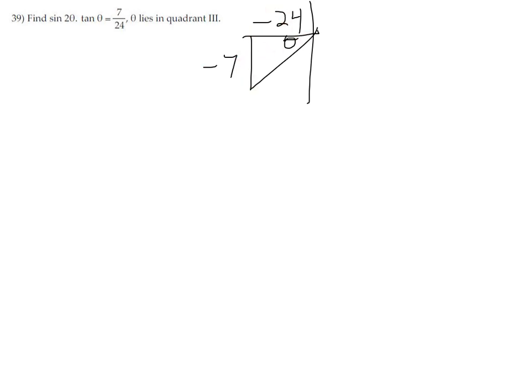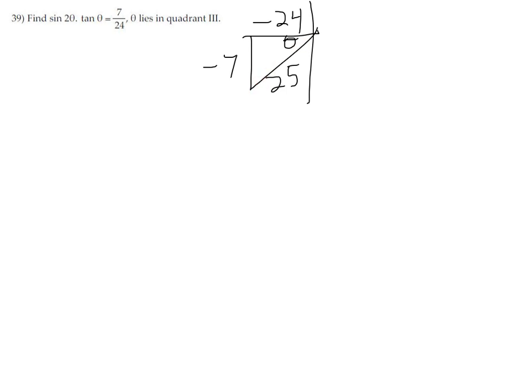So the two negatives, when you do tangent, make the final positive, but this is left and down. The hypotenuse, we have 7 squared plus 24 squared, and square root that looks like 25 is our answer. Quick calculation, 25. And that's always positive. It's a hypotenuse, always positive.